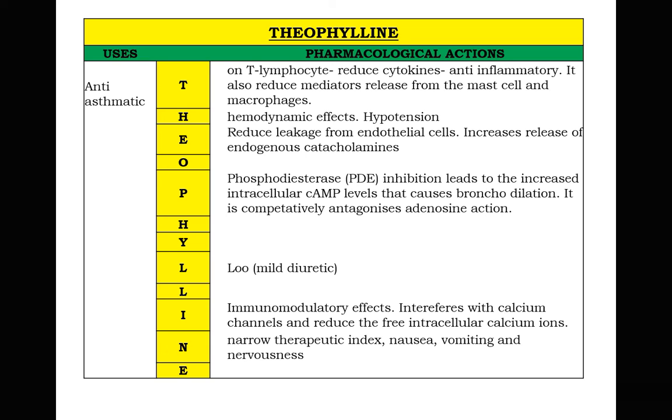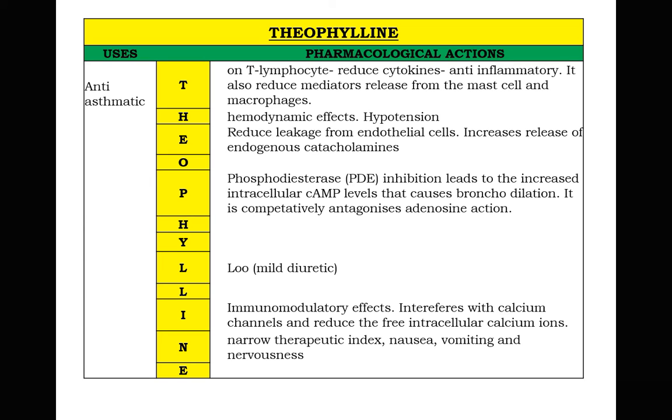It means it can be used as an anti-asthmatic drug. Then pharmacological actions can be derived from theophylline. T, on T lymphocytes it reduces cytokines, and it also acts as an anti-inflammatory. It also reduces mediators released from mast cells and macrophages.